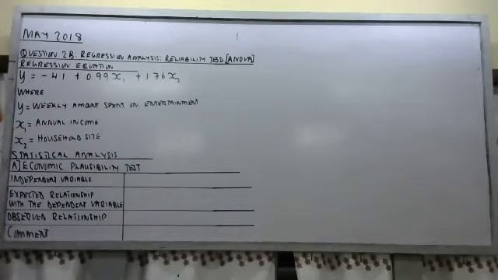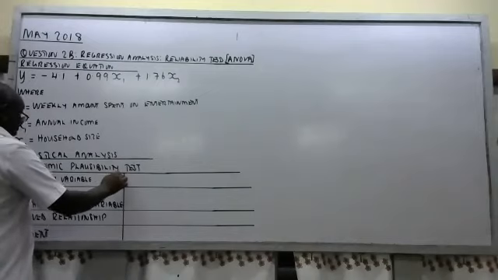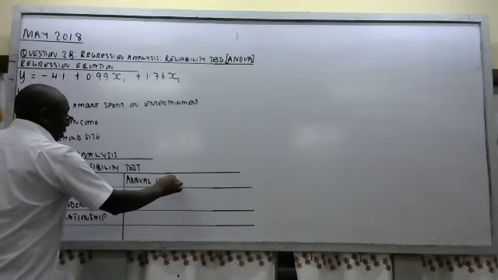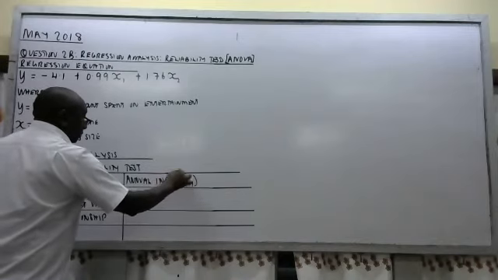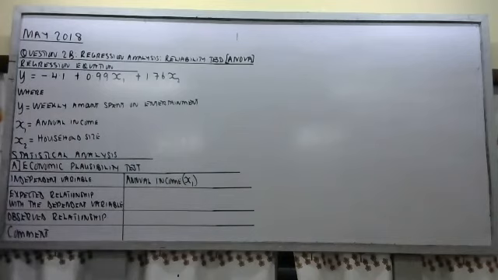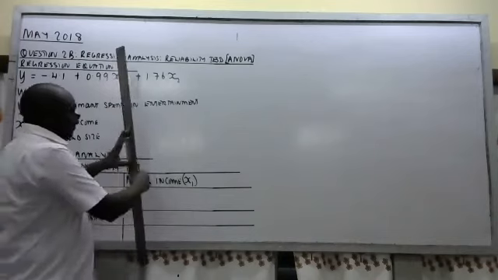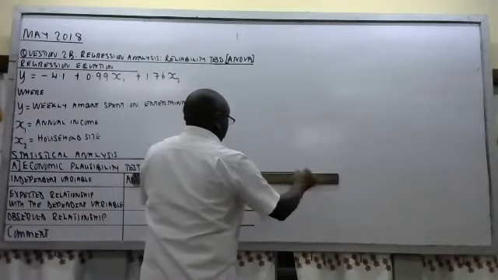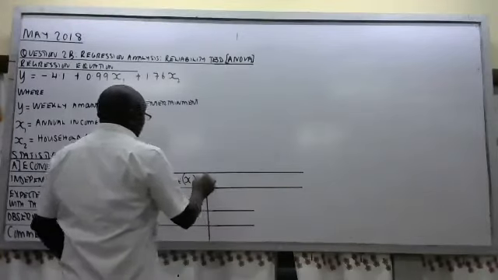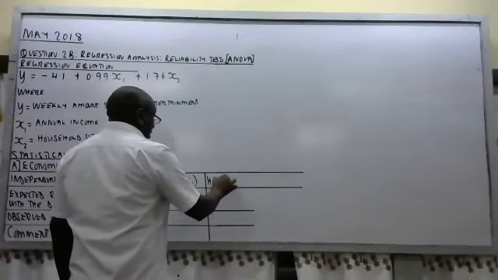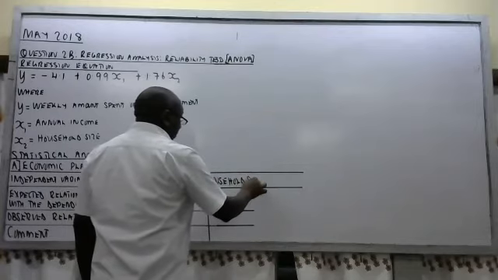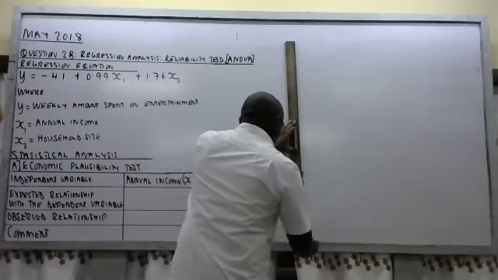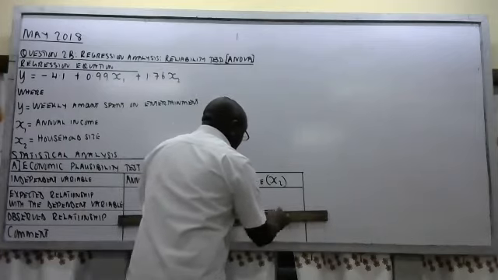The first one we are dealing with is annual income, represented by X1. Then I will have household size, represented by X2.